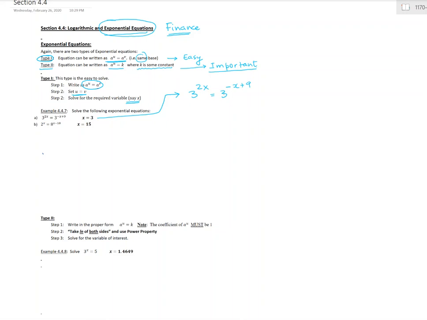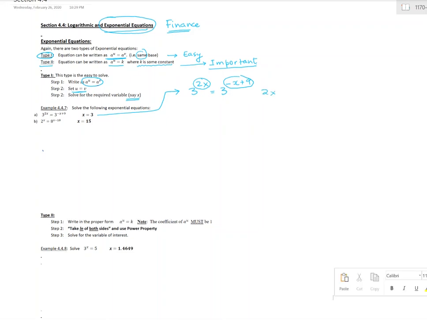Now these two things can only be equal if this is equal to the exponent on the other side. So that means you take u, which is 2x, and you set it equal to v, which is on the other side. So that means 2x is equal to negative x plus 9.